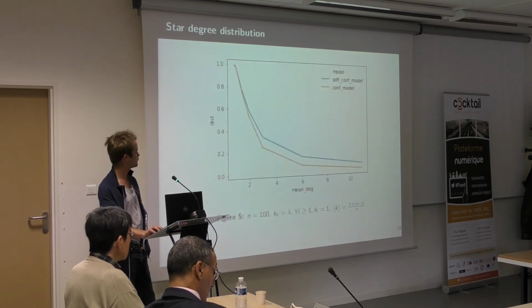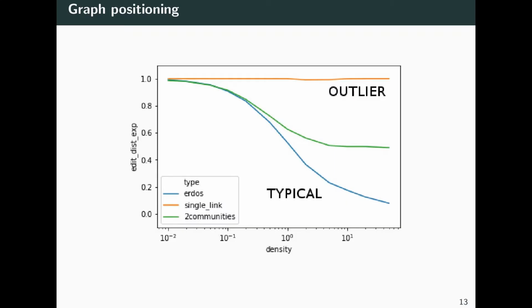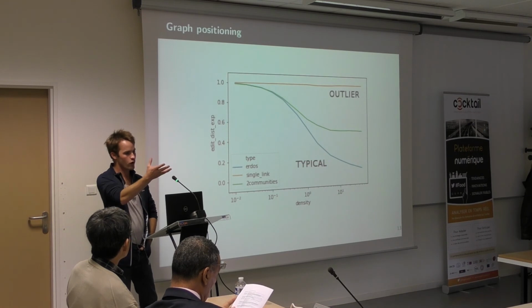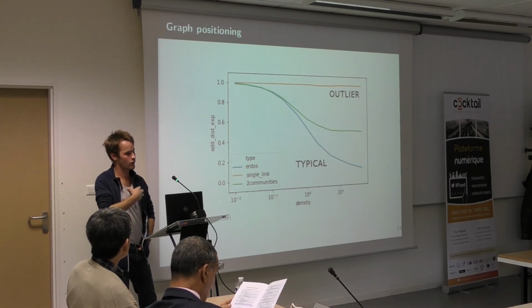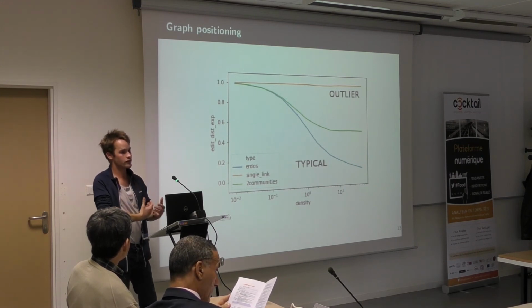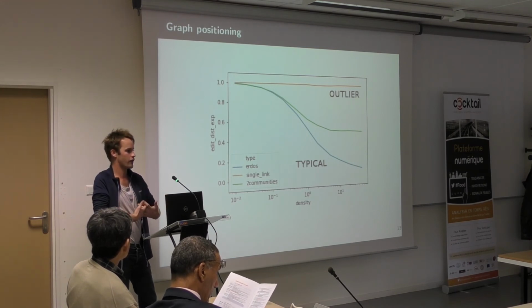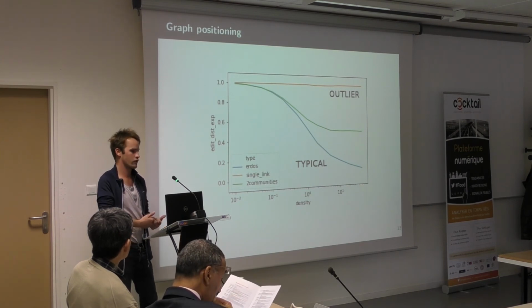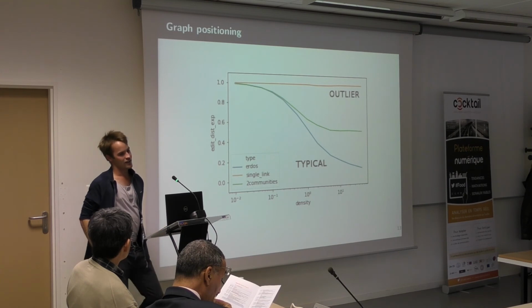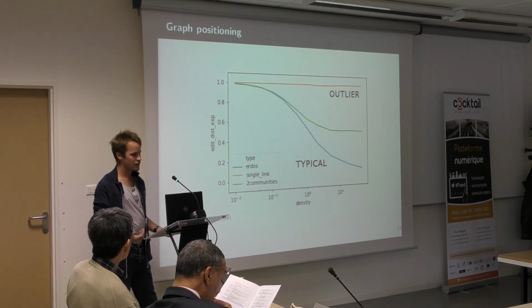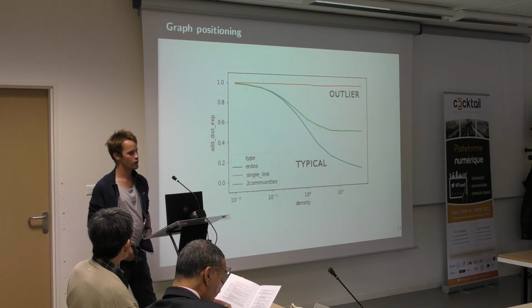And for example, this kind of result is what encourages us in this perspective, because one problem with statistical modeling, in my opinion, is that when we have only one graph, it's not like we have a whole set of graphs. Many statistical methods rely on the fact that you have many observations, and in this case, we have only one. So you need to find tricks to overcome the problem.